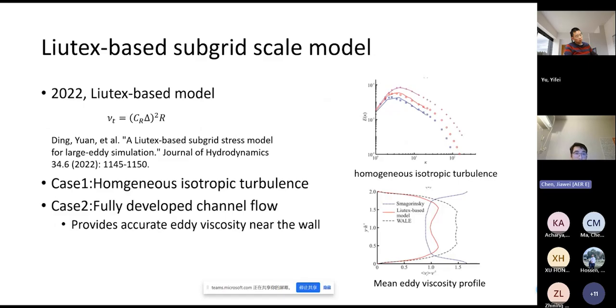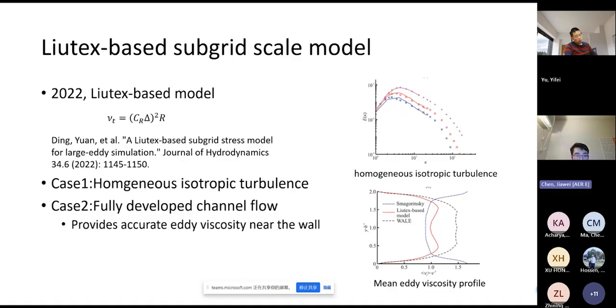This slide is about the Liutex-based subgrid model, which was proposed in 2022. It was published by Ding, Yuan, and Wang in the Journal of Hydrodynamics, and they used this simple form. The eddy viscosity equals CR times delta squared times R, where R is the magnitude of the Liutex vector.